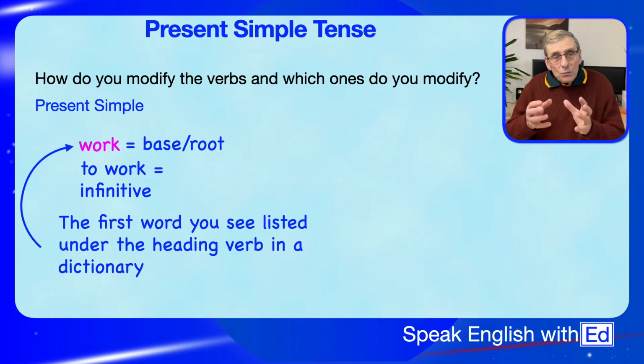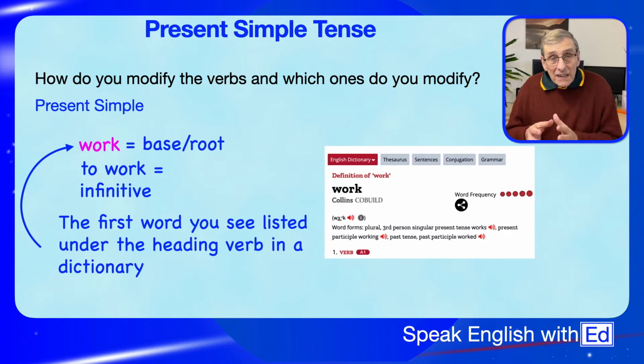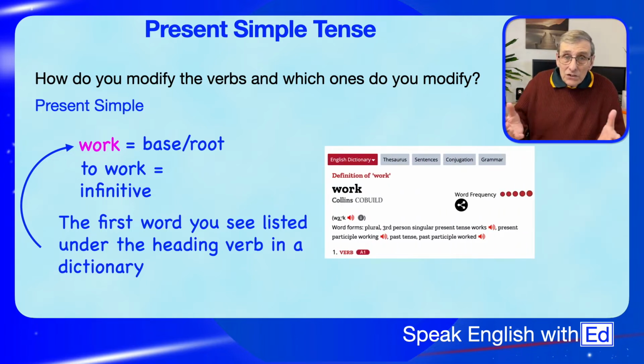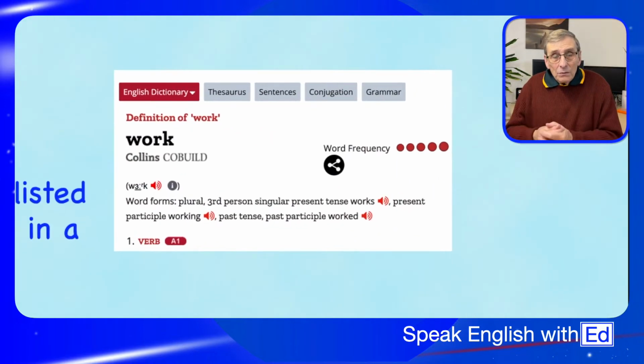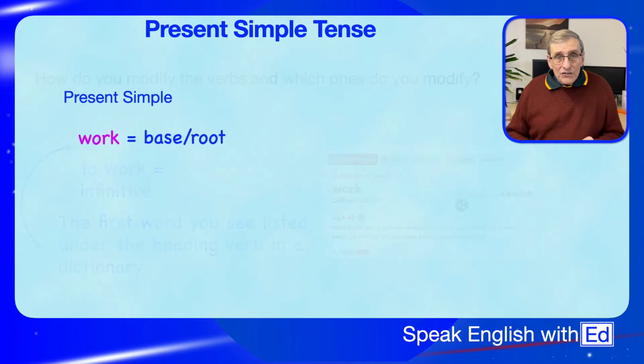But it's the first word that you see when you look in a dictionary, and that is the base verb. So a dictionary will look something like this. This is the Collins online dictionary, which you can just type in Collins dictionary, and you will get this, and you'll see the word entered in its base form first.